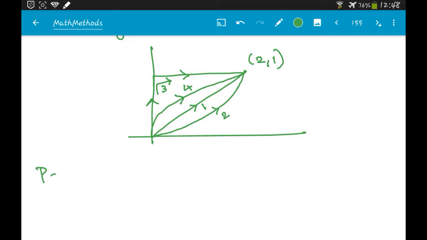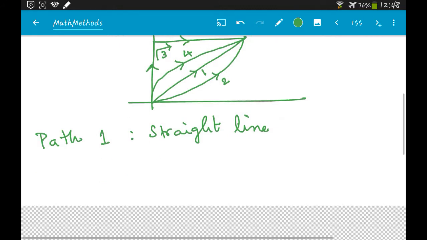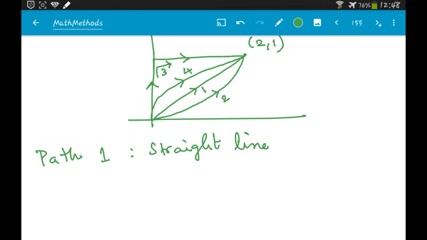So path 1 is a straight line, and you have to find what that line is. That will not be given to you. Just the first point is the origin and the final point is 2, 1. Path 2 is a parabola.